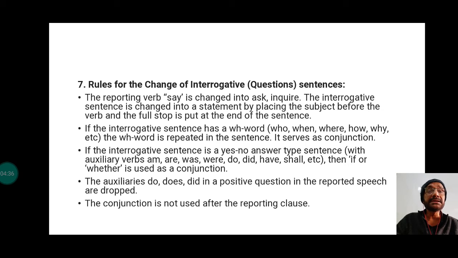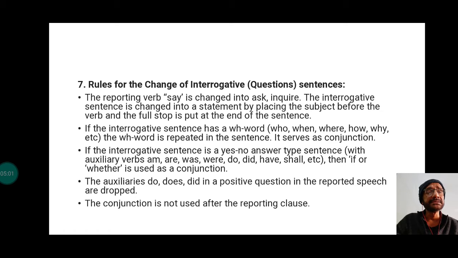The interrogative sentence is changed into a statement by placing the subject before the verb, and the full stop is put at the end of the sentence. So in an interrogative sentence, the verb is always placed before the subject. Was I dreaming? It is an interrogative sentence.